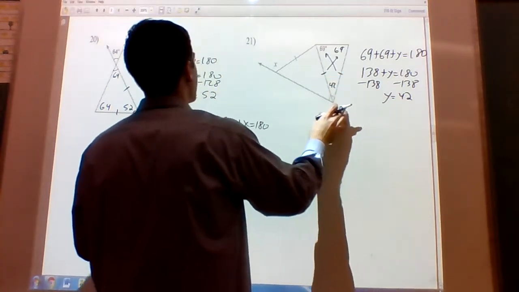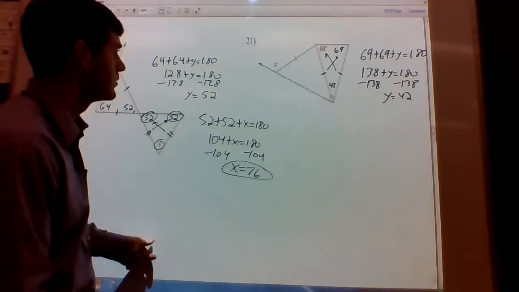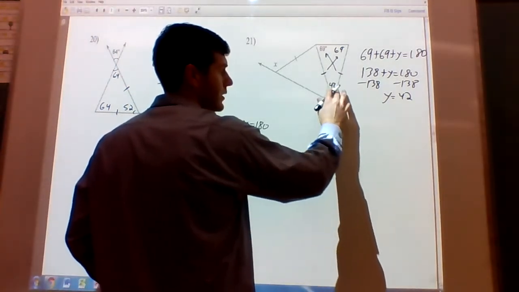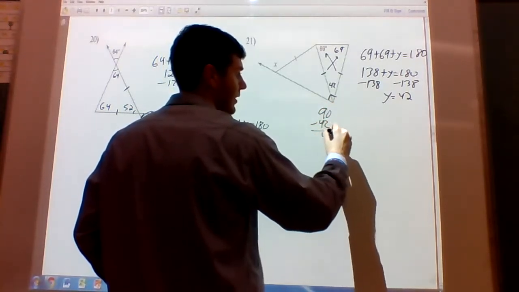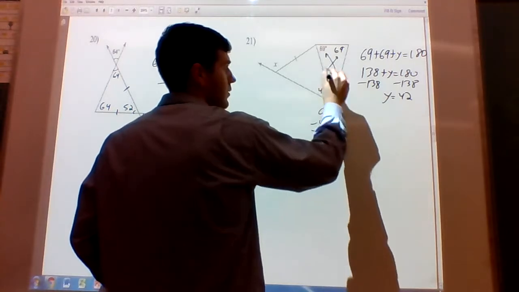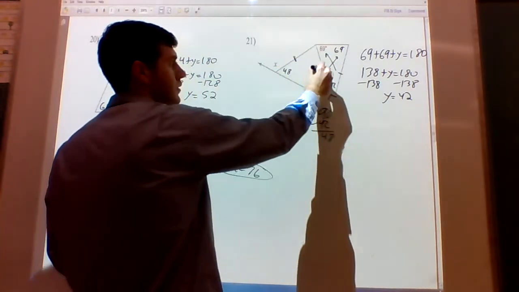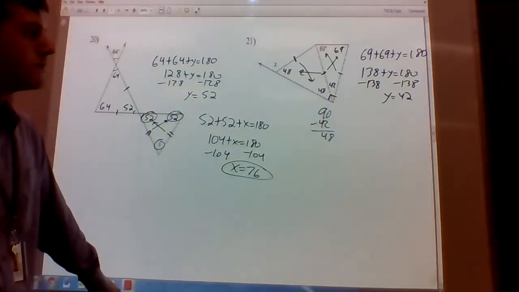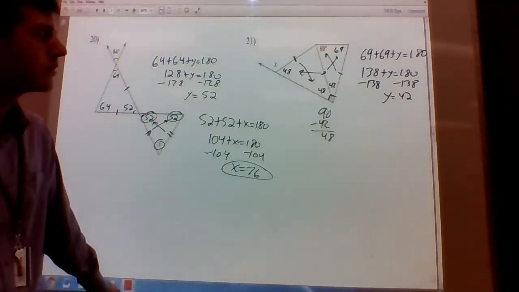And again, just like I think it was 19 or 18, we have a right angle. So the measures of these two angles added together is 90. So 90 minus 42 gives us 48. We have an isosceles triangle, so this is 48, opposite from the congruent sides, opposite from the two sides that have the same length.